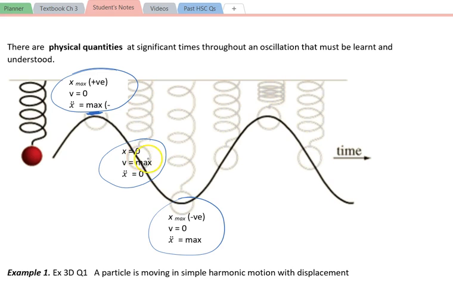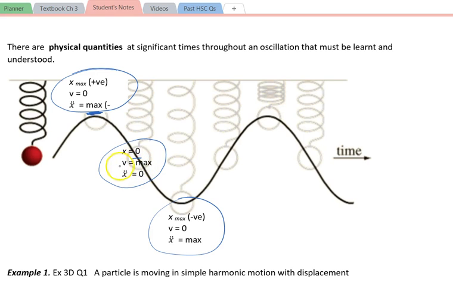What's happening right here at equilibrium each time it passes through? Well, clearly displacement is naught because we set it to be naught. It is moving at its fastest. I think in Mr. Ma's video he might accidentally say that acceleration is maximum there at one stage. So if you've come across that and you're thinking, that's not what I thought, I think he does say that.